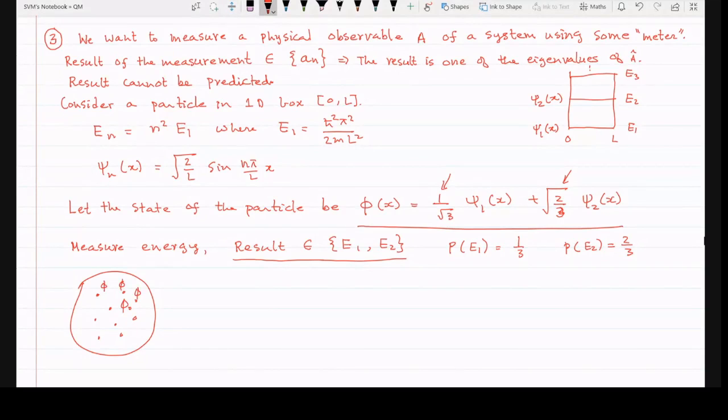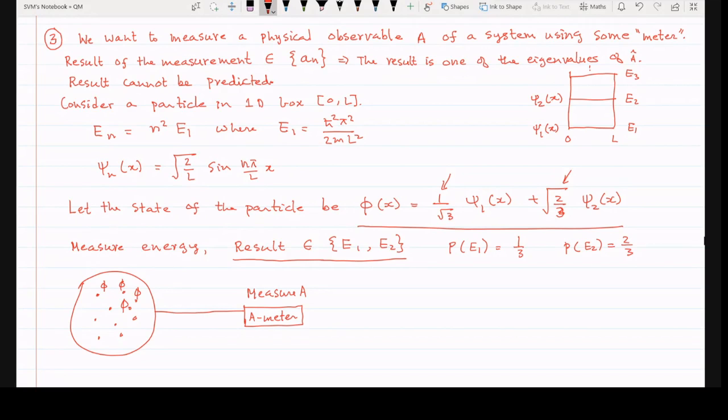Now let's say from this source, one particle is coming. Then you measure A of this particle using some kind of a meter here. I will call it some A meter, let us say. So you measure this particle, and then after doing this measurement, you forget about that system, then send another particle.